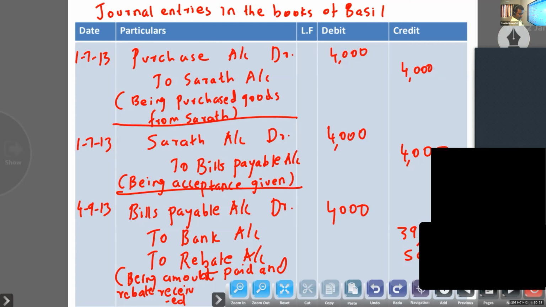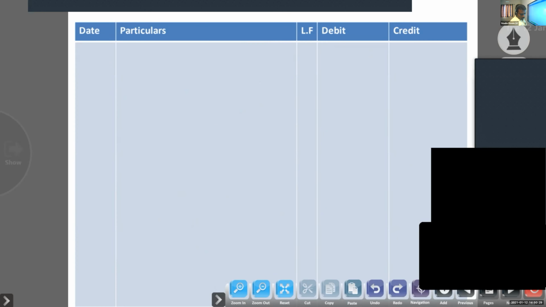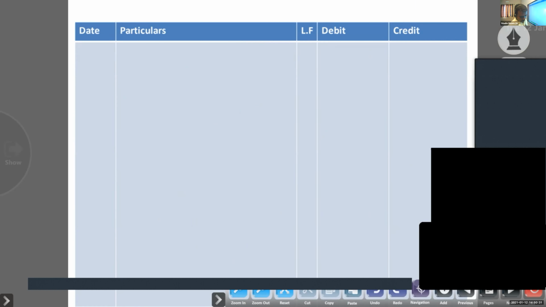Now next question. Sonal accepts a bill drawn by Aman at 3 months dated 1st January.